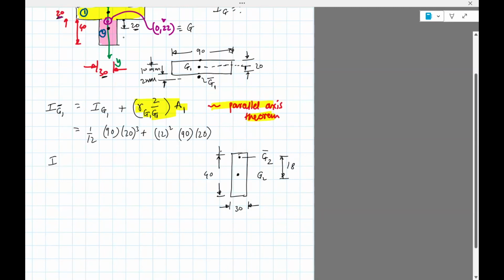So I G2 bar is I G2 plus R G2 G2 bar square times A2.